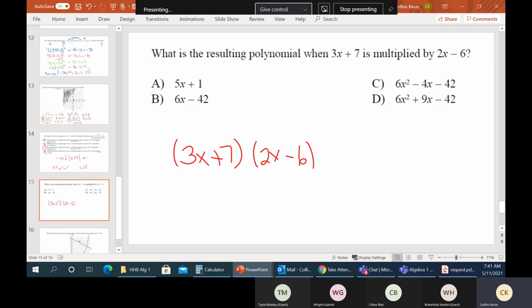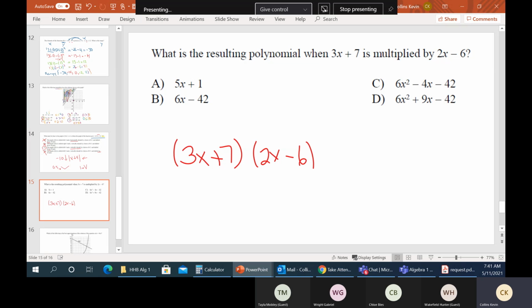Okay, so the first things first. If we FOIL this guy out, are we going to get 2 terms or are we going to get 3 terms? What do you guys think? Yeah, we're going to get 3 terms.